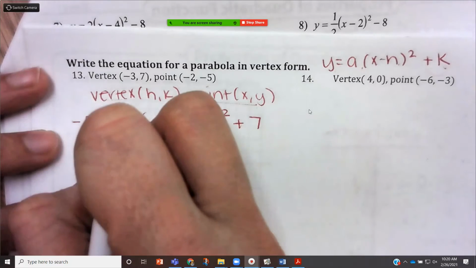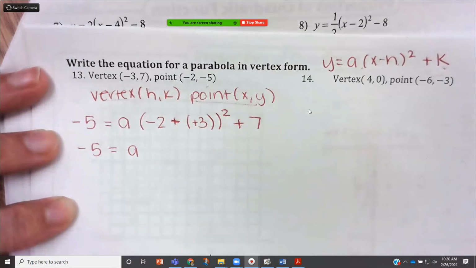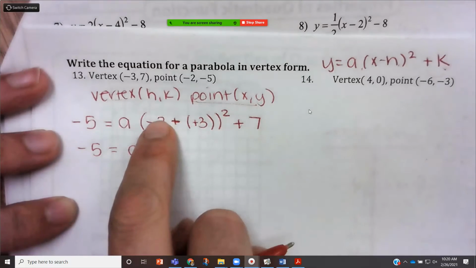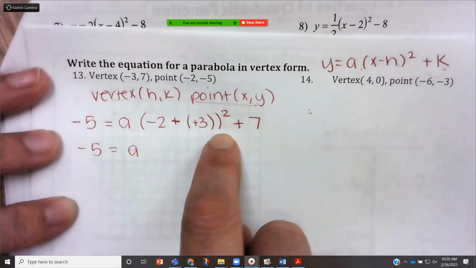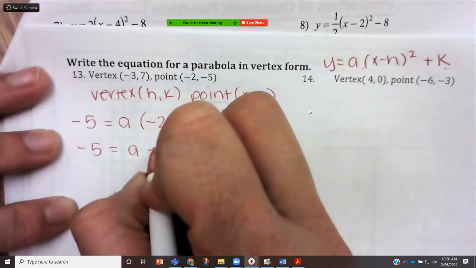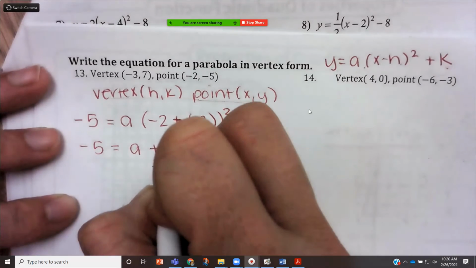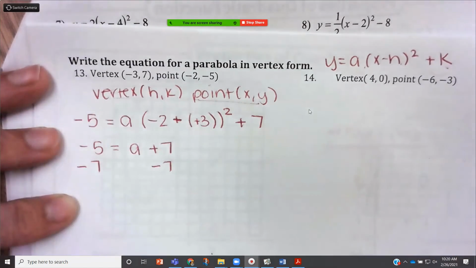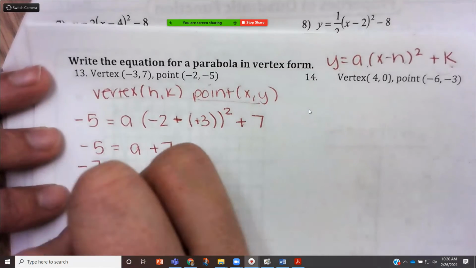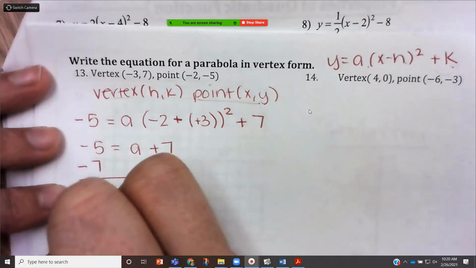So it's negative 5 equals a, minus a minus is a positive, 3 minus 2 is 1, 1 squared is 1. So you get negative 5 equals a plus 7. To solve for a, you're going to subtract 7 from both sides. And I get a equals negative 12.